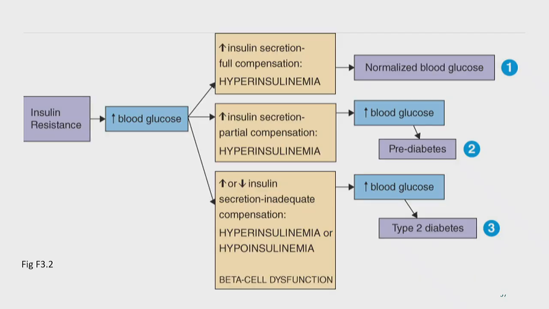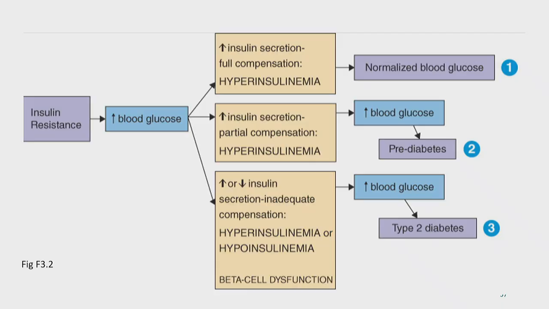This increase in insulin levels in the blood is called hyperinsulinemia. Gradually, the pancreatic function declines, and insulin secretion cannot fully normalize blood glucose levels. So blood glucose levels begin to rise, and this is called prediabetes.